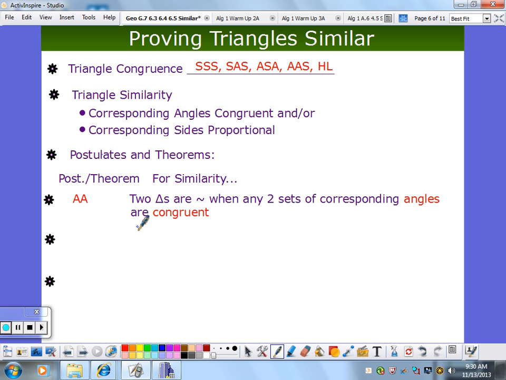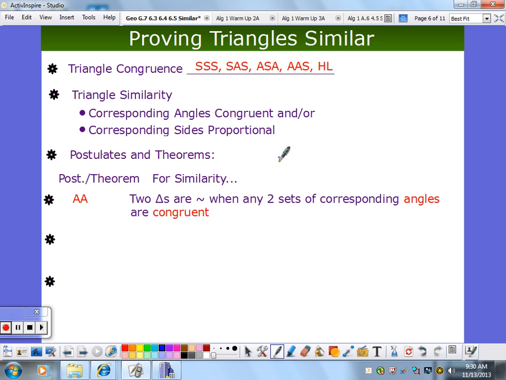Now let's think about it for a second. If you have two congruent angles, what do you really have? By the third angle theorem, you have three congruent angles. So if all the angles are congruent, that's enough for similarity.